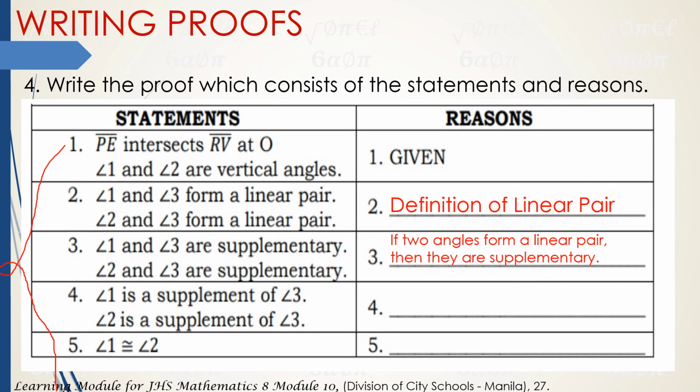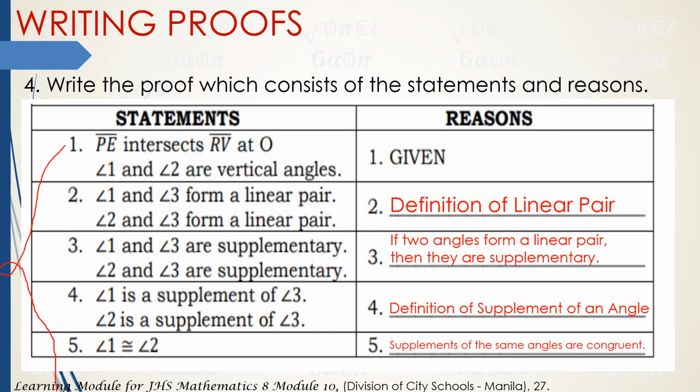If two angles form a linear pair, then they are supplementary. And for number 4, angle 1 is a supplement of angle 3, and angle 2 is a supplement of angle 3. So, parehas silang supplement ni angle 3. Kaya, yan ay definition of supplement of an angle. And for number 5, angle 1 is congruent to angle 2.